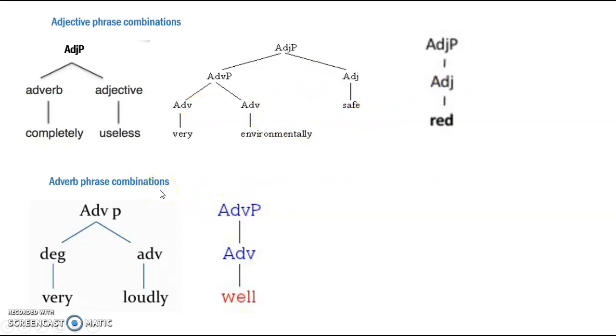Adverb phrase combinations are only one adverb, or a combination of two adverbs in a row. But if you have two adverbs in a row, one is a quantifier, a modifier of degree. One gives you the degree, and the other one is the adverb by itself.